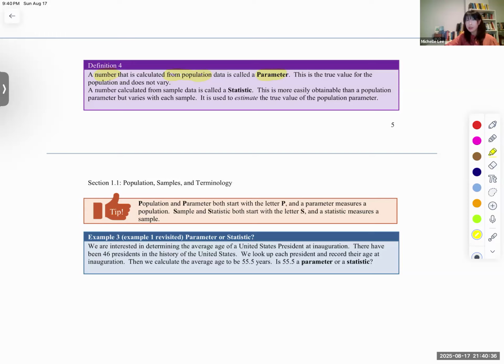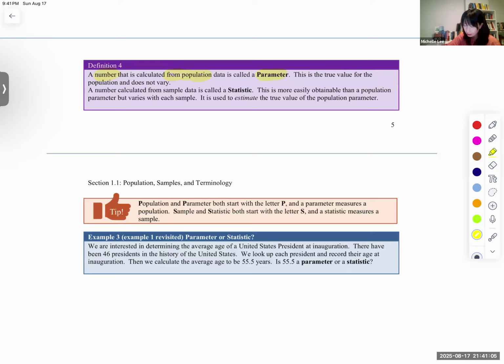We have a statistic, right? So what is a statistic? We had statistics earlier, the English definition: the science of collecting, organizing, and analyzing data, right? Here, a statistic is a number calculated from sample data.